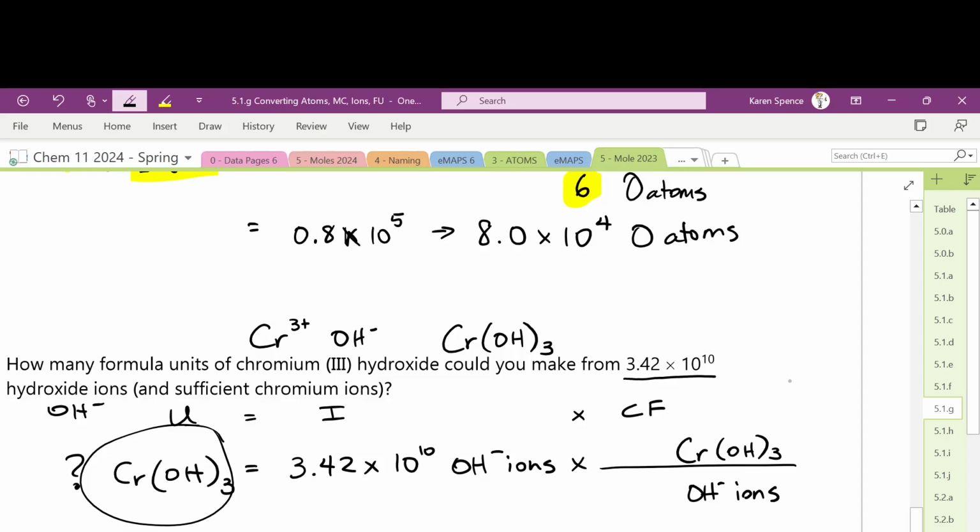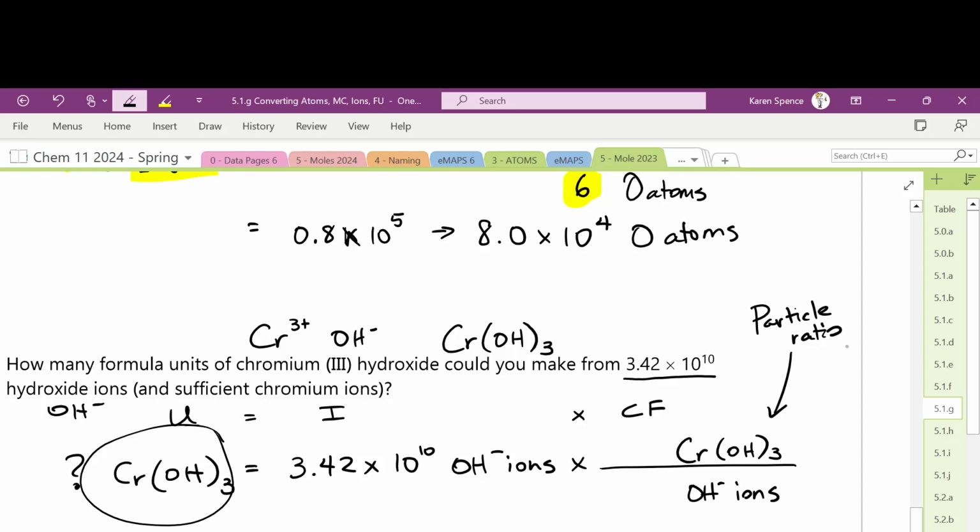And again, this is a particle ratio. How do we find the particle ratio? You look at the formula, okay? Look at the formula, and then you simply count.